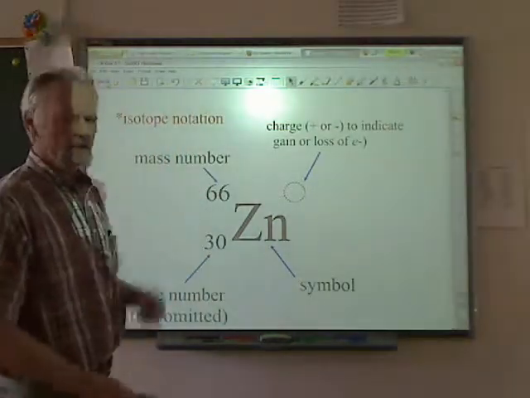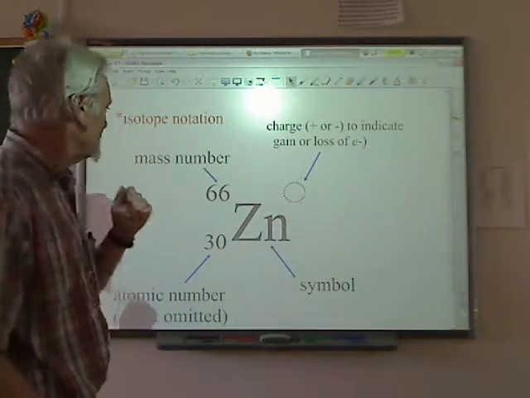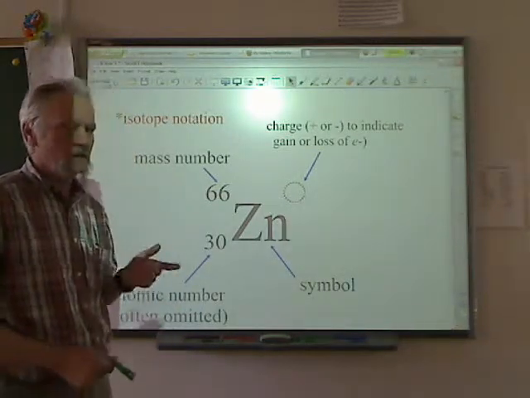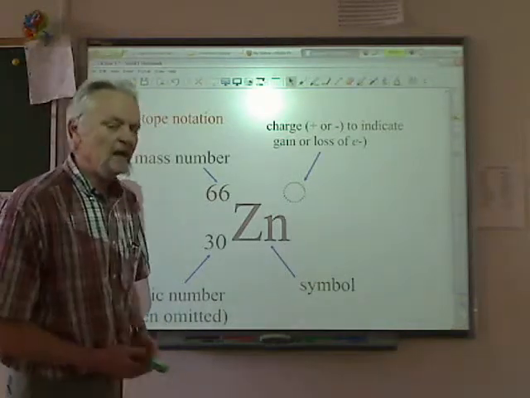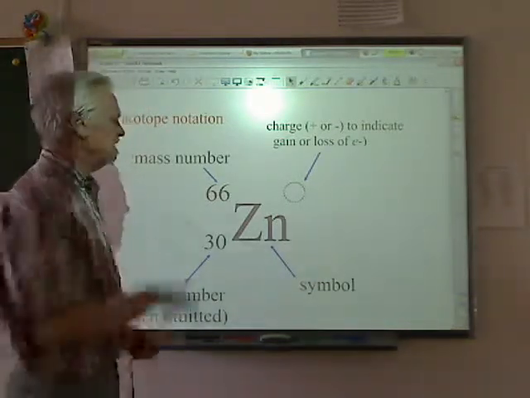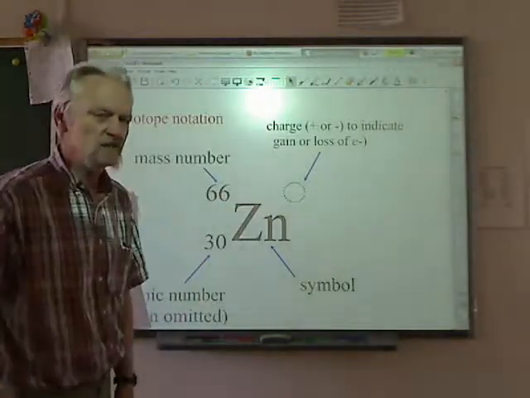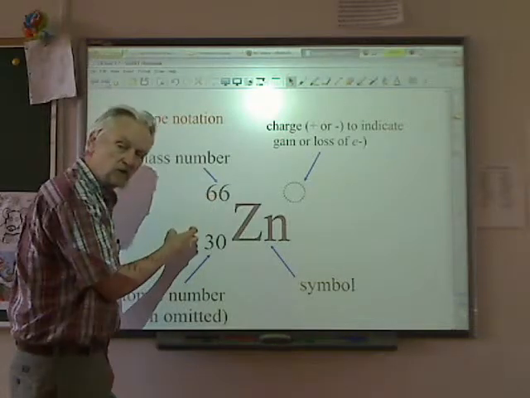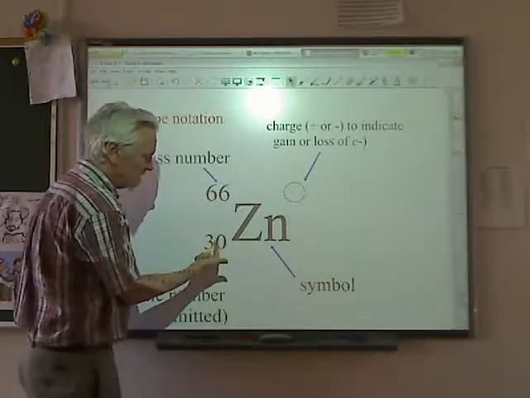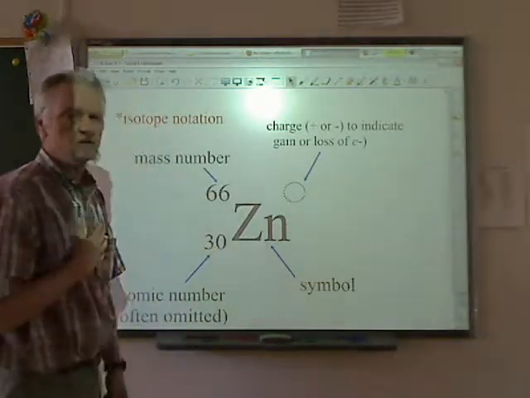Up in the upper left-hand corner is the mass number, which again is the number of protons and neutrons. Note that we don't write the number of neutrons anywhere in this isotope notation because we can easily figure it out by simply taking the mass number, which is both protons and neutrons, and subtracting the atomic number, which is just protons.